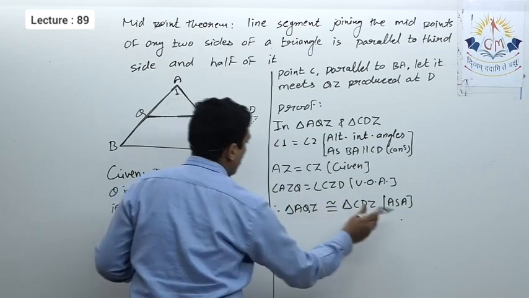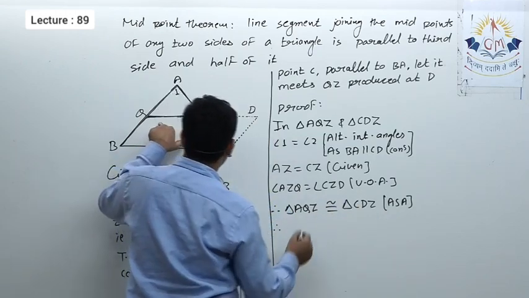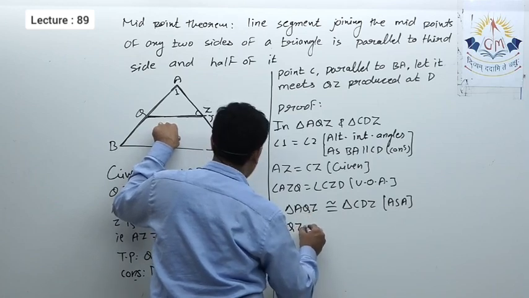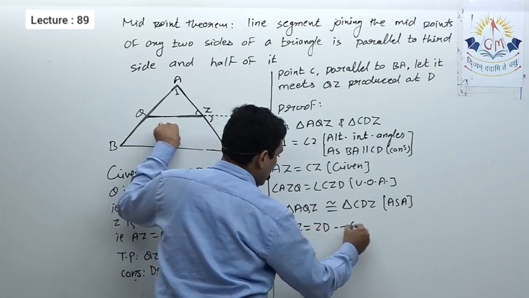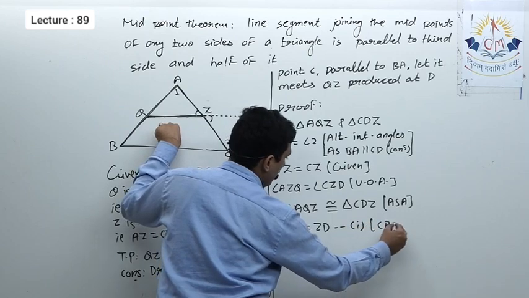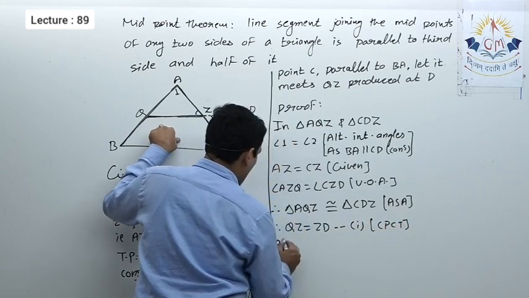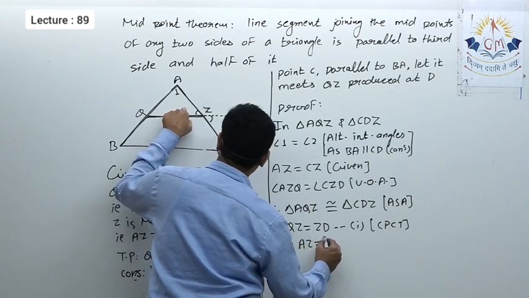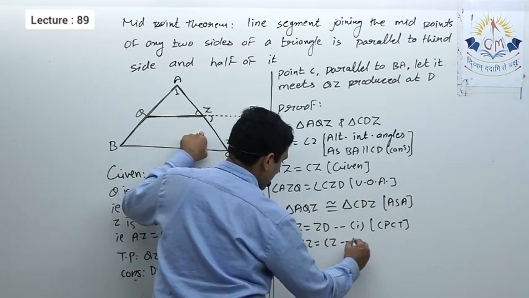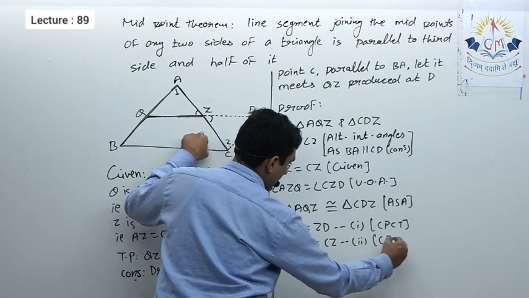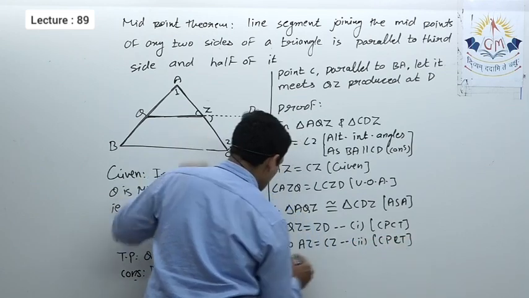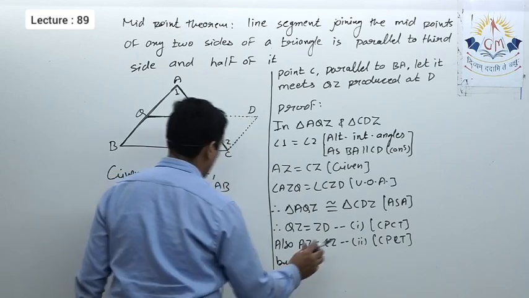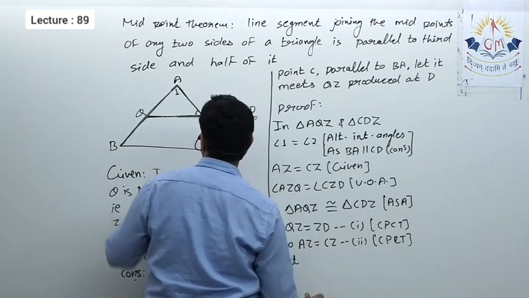Here the triangles are congruent by angle side angle, so first I can say QZ is equal to ZD, let it be 1, by CPCT. Also AZ is equal to CZ, again by CPCT.